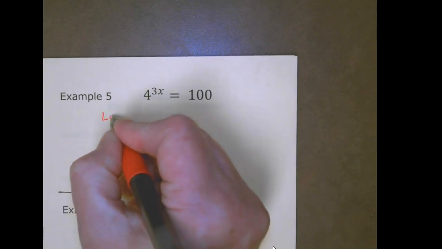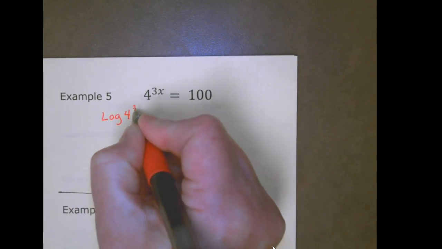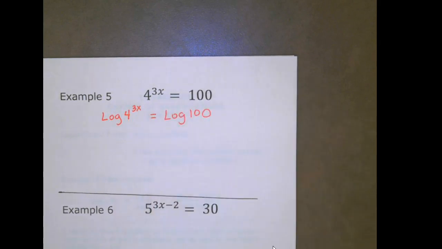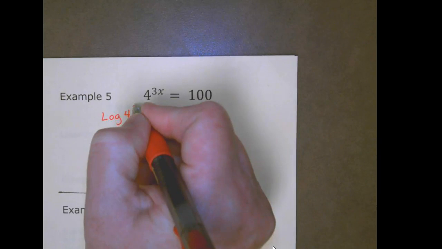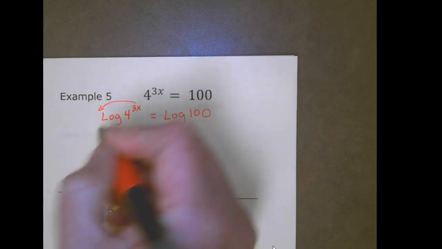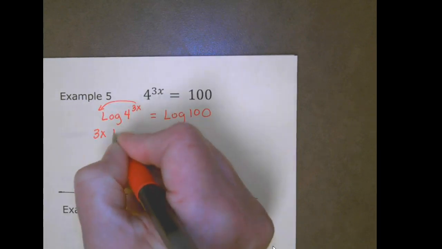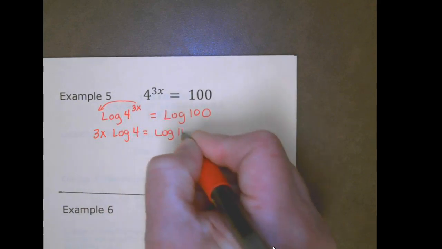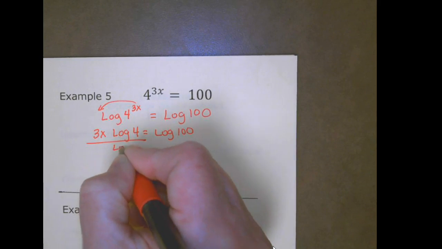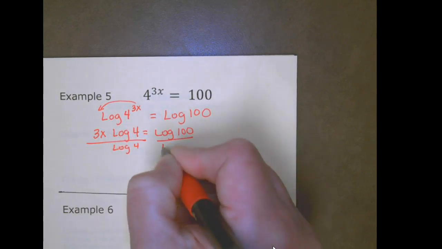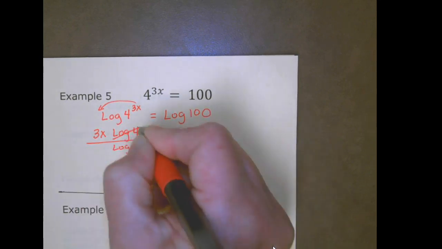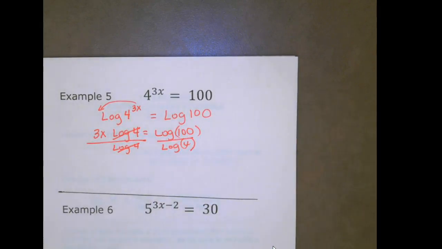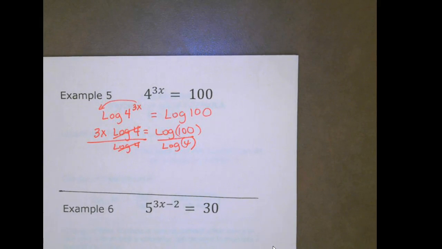Take the log of both sides. Use the power rule to bring the 3x out in front. Divide both sides by the log of 4. When you put it in your calculator, make sure you close the automatic parentheses.